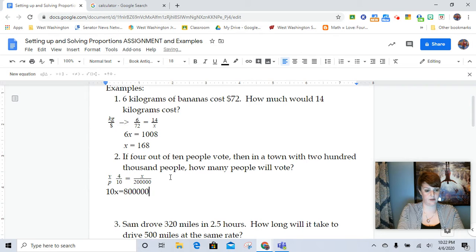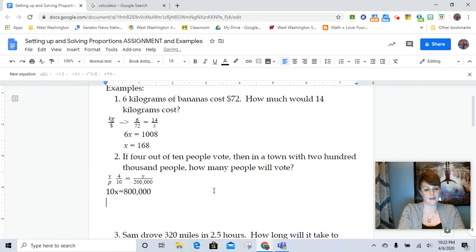There we go. That's the right amount of zeros. I could put a comma in there, like you're technically supposed to, so that we can actually see if this is the right amount. And so then x is 80,000 people. So in a town with 200,000 people, only 80,000 will vote. Okay.